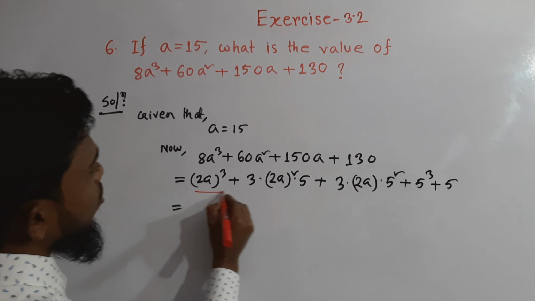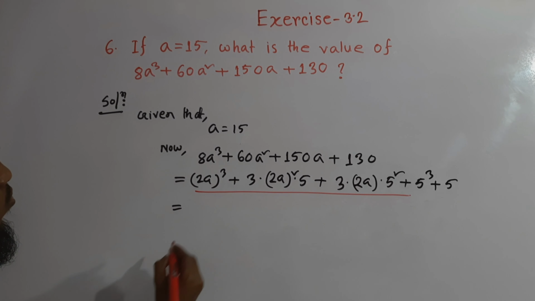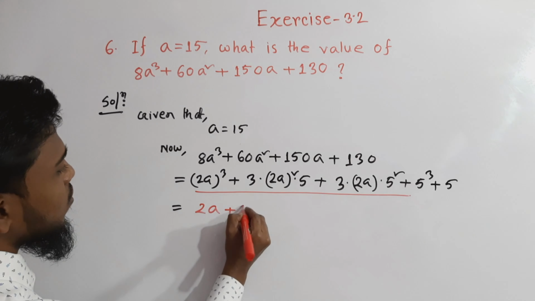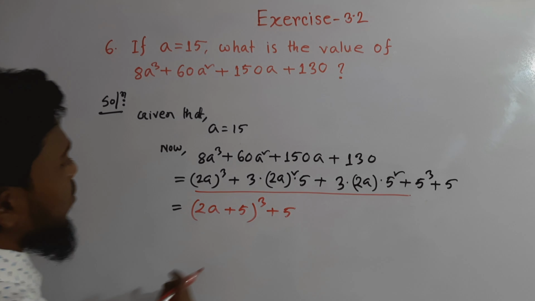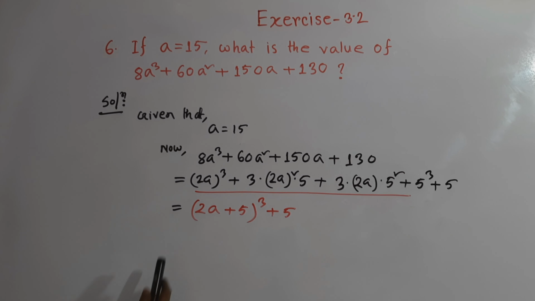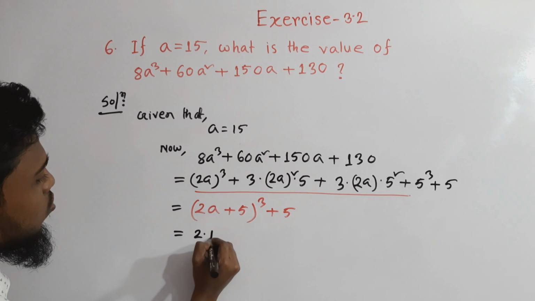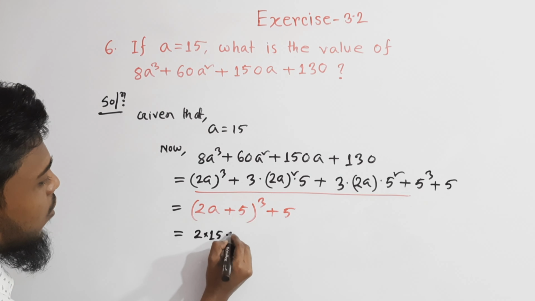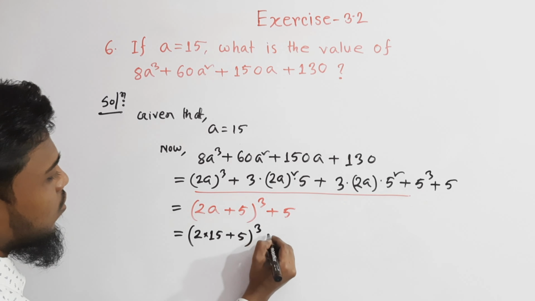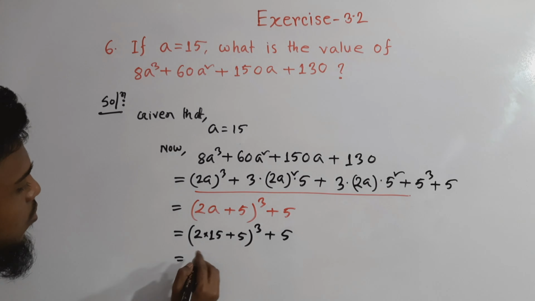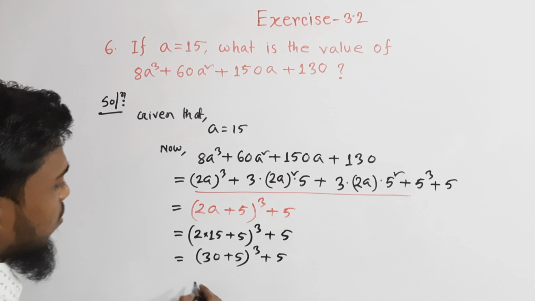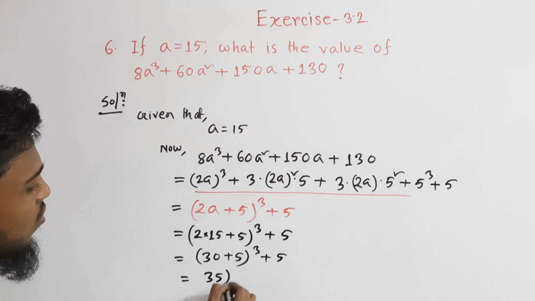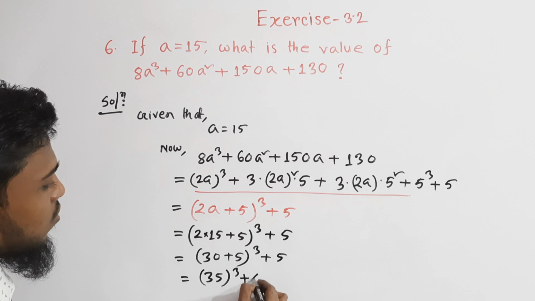Look here, the formula of (a plus b) whole cube, so we can write (2a plus 5) whole cube plus 5. Our given value a equals 15, so we can write (2 into 15 plus 5) whole cube plus 5. 2 into 15 is 30, plus 5, this equals 35 whole cube plus 5.